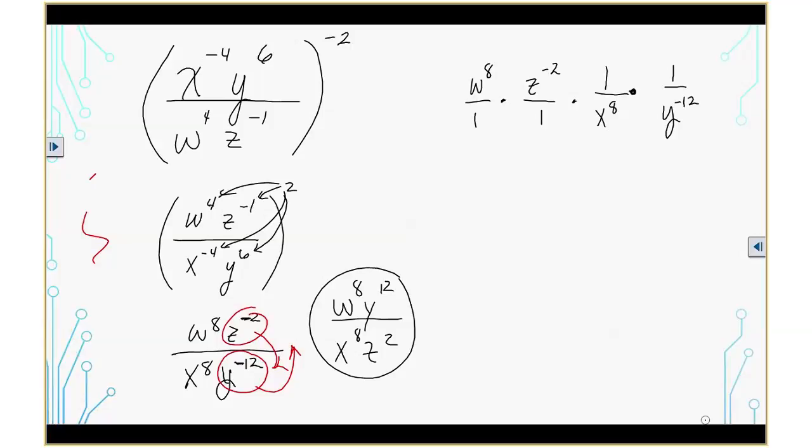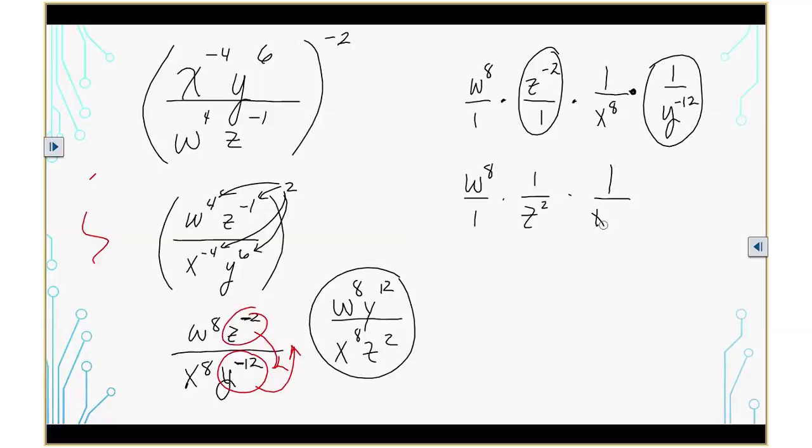I just broke this up into that. Which ones do you not like? So w to the 8th over 1, 1 over z squared, 1 over x to the 8th, y to the 12th over 1, and you put it all back together.